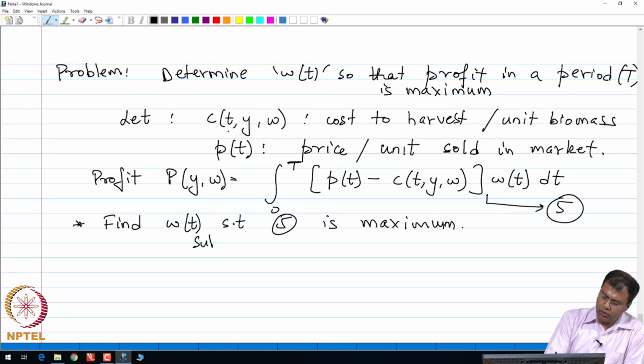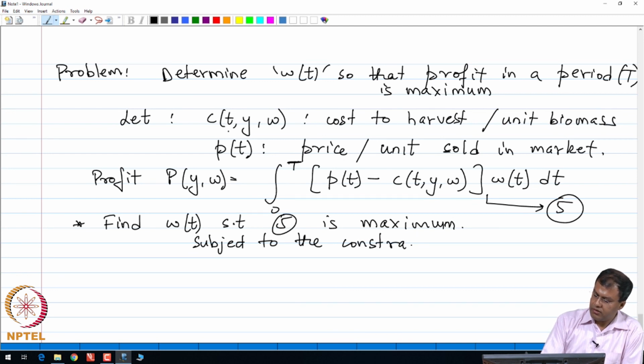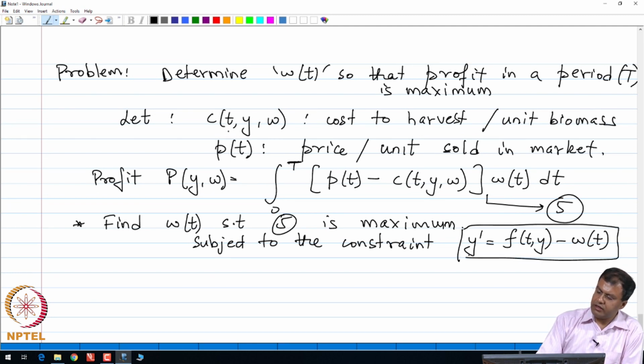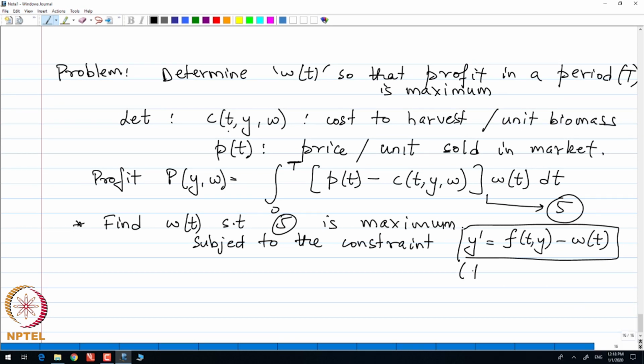and subject to the constraint y prime is equal to f of t comma y minus W of t. So, we have that the fish population must satisfy this ODE constraint. We see that this particular constraint now is not an integral constraint, it is a differential constraint, and hence the so called holonomic constraint.